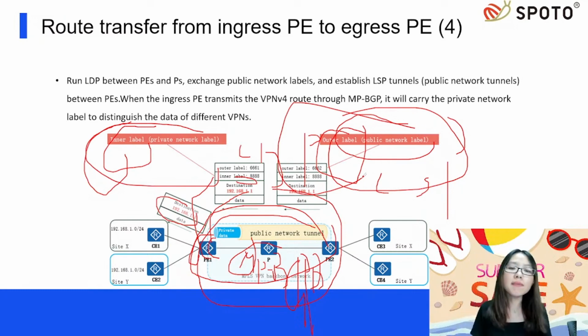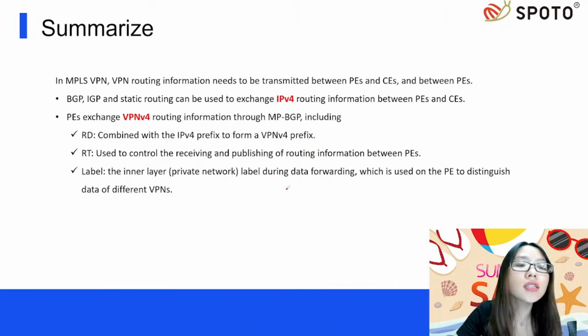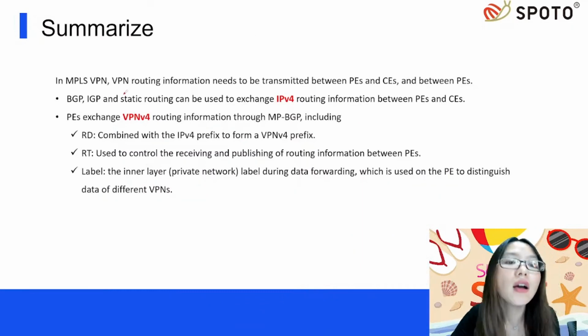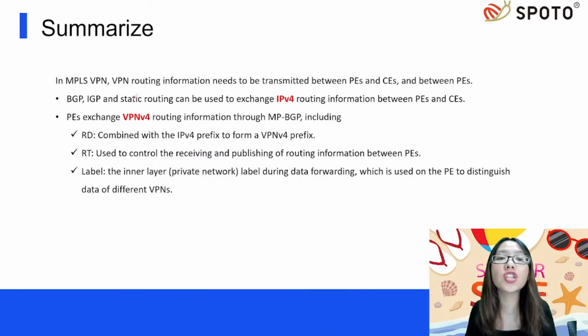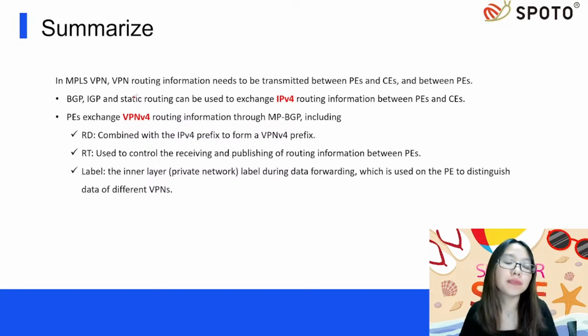Okay, so let me summarize the configuration of MPLS. In MPLS VPN, routing information needs to be transmitted between PE and CE and between PEs.